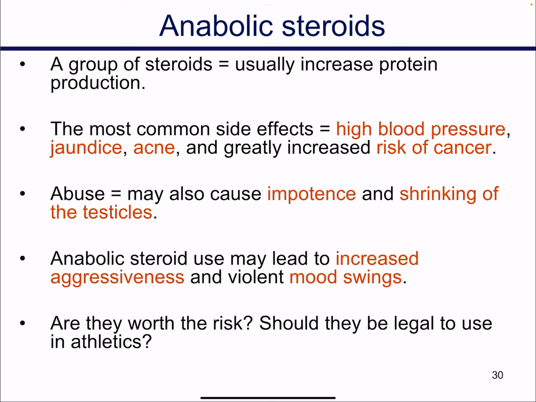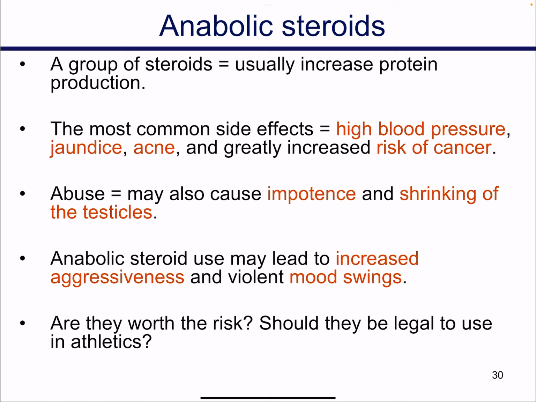Some of them play the role of hormones, right? Including testosterone, estrogen, right? Now, testosterone particularly is very much used to increase protein production. And a bunch of athletes actually are using testosterone to build muscle mass, right?